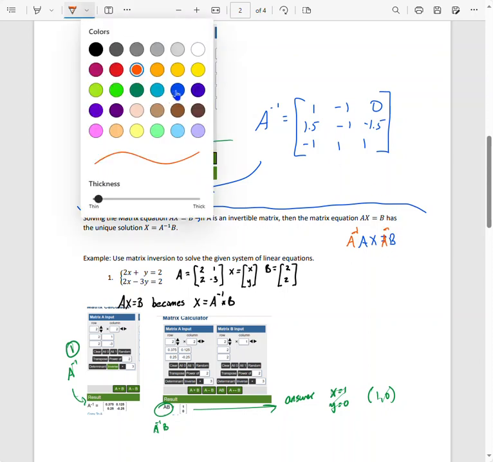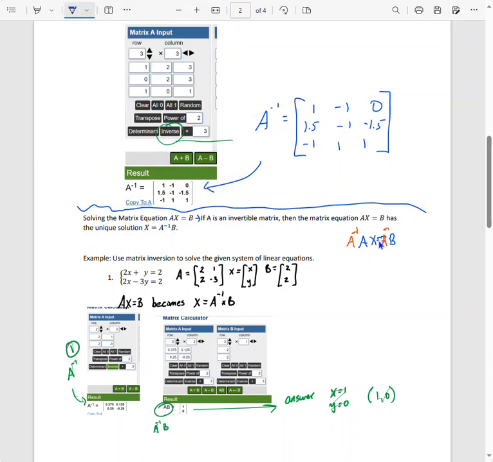A inverse times A will give us a 1. We're left with an X on the left, and A inverse times B on the right.